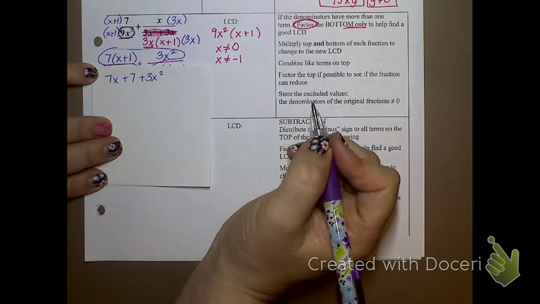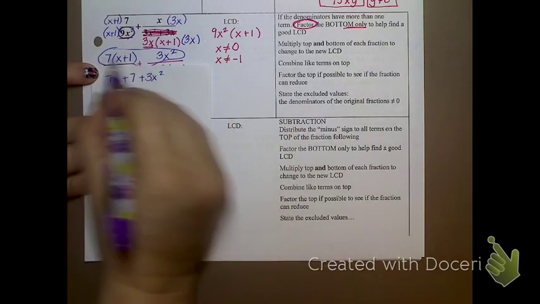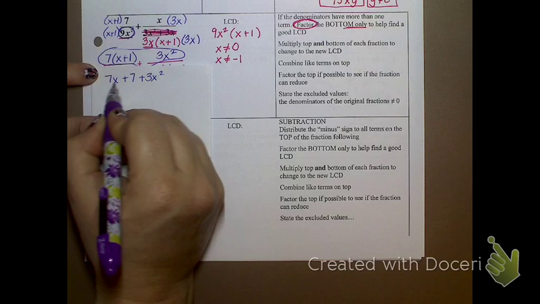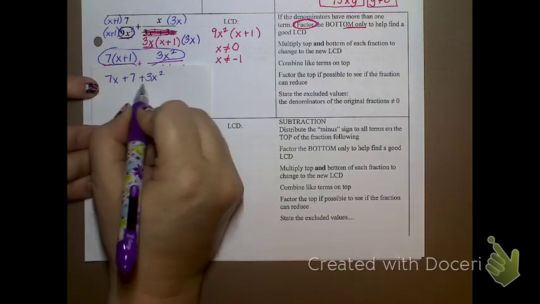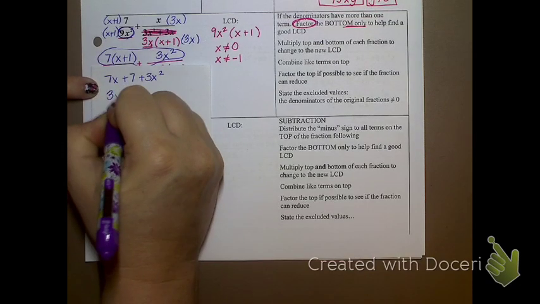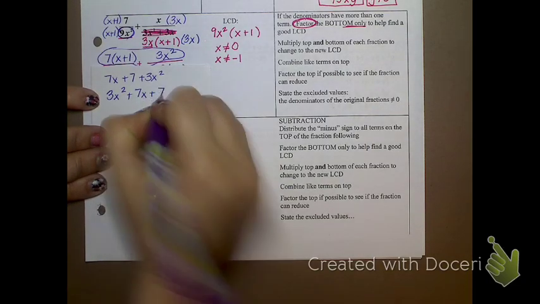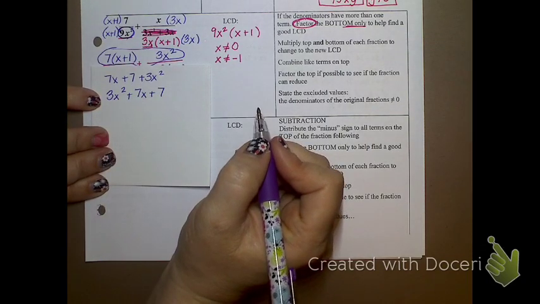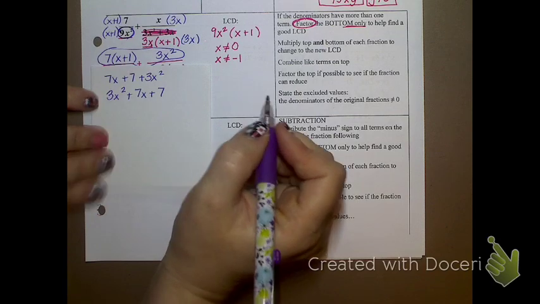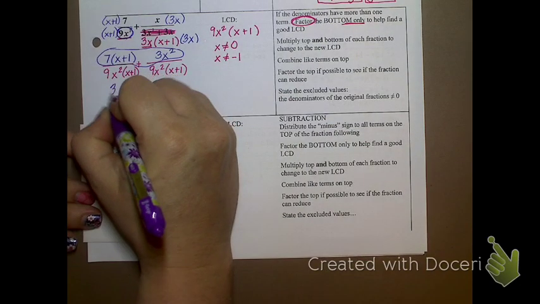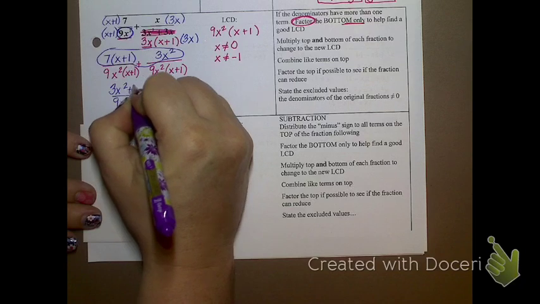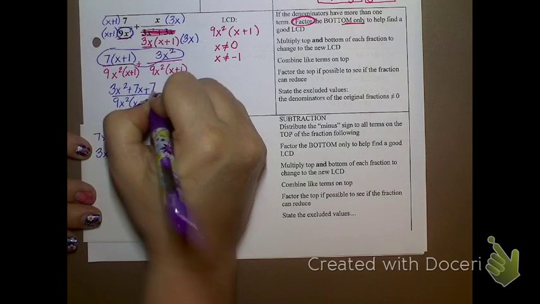Correct? So when I combine both numerators, this is what I get. Now really, I shouldn't write it in this order. I should write it like this. 3x squared plus 7x plus 7. Why should I write it in that order? Because it's standard form. So I have 3x squared plus 7x plus 7.